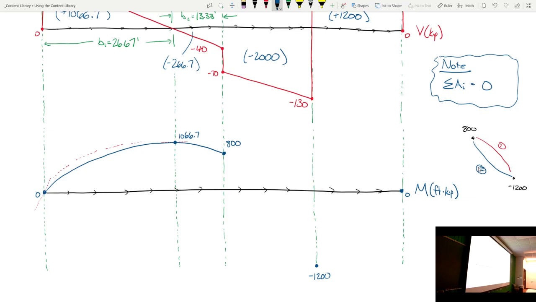Option 1 or option 2? Option 1. It's 100% right, because the slope is going to go from negative 70 to negative 130. It's got to go even more pronounced. So the slope has to take an even sharper turn, go like that.